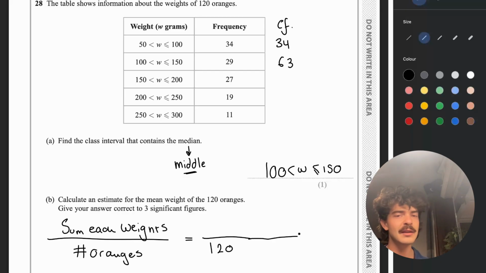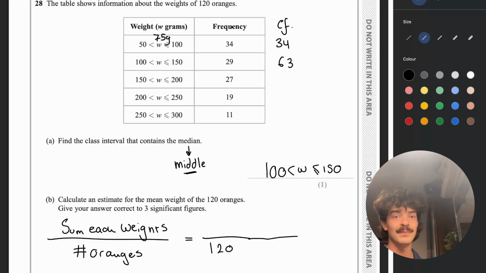So how do we compensate for this? Well, we're going to assume that in each interval, each orange weighs the middle value. So for example, in this interval, the midpoint would be 75 grams, and we're going to just assume that all 34 are going to be that 75 grams.